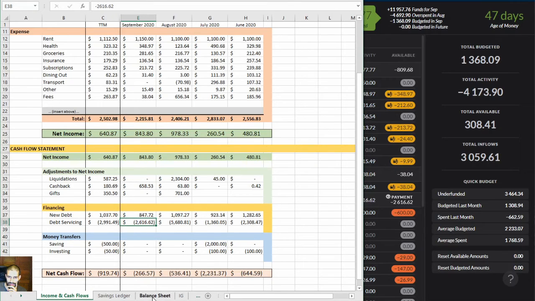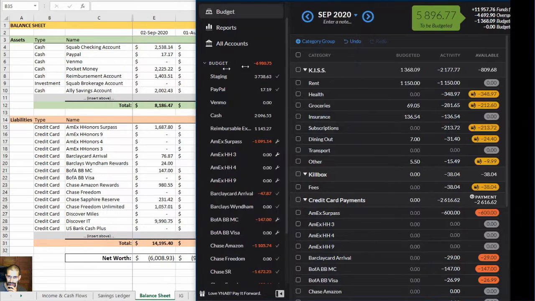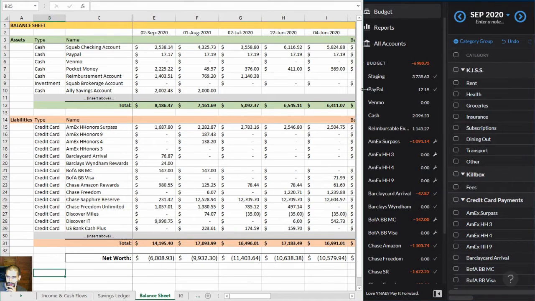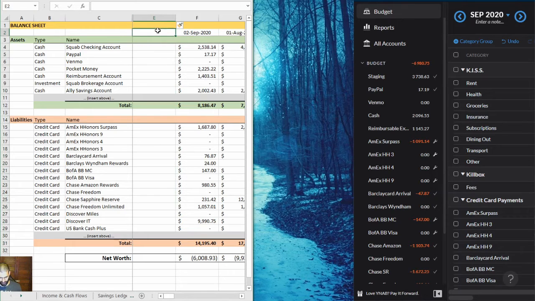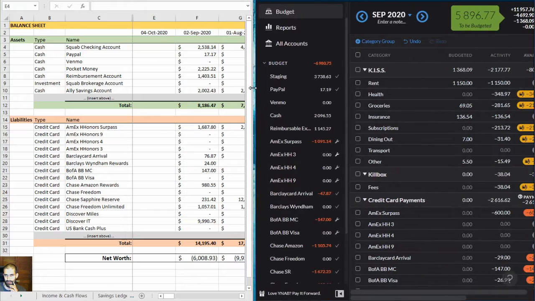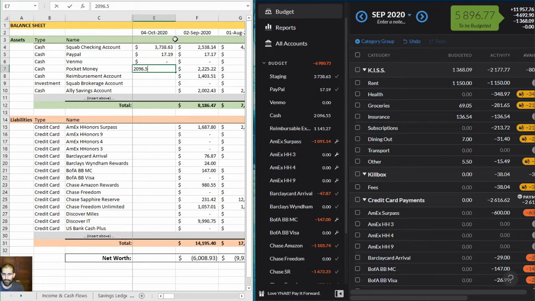So now let's do the balance sheet. Again, the balance sheet is pretty easy. Just insert a thing there, put today's date, and just go down the list and write things in. I have a lot of cash on hand.